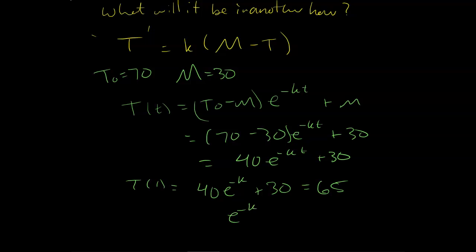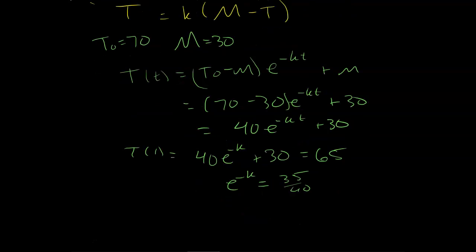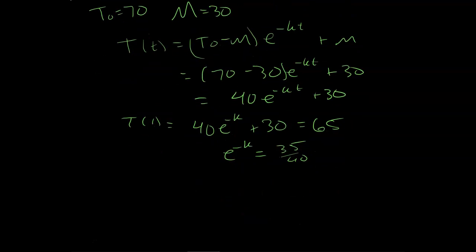So e to the minus k will equal 35 divided by 40. Or in other words, k would be the negative of the natural log of 35 over 40. So there's a value. We could get an approximate value if we choose, but right now I'll just keep it exact.